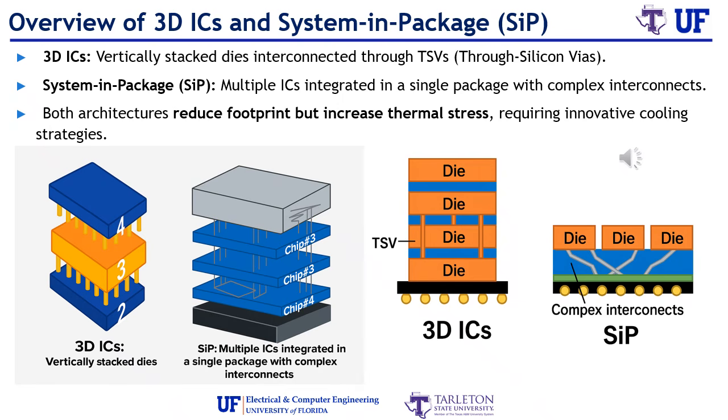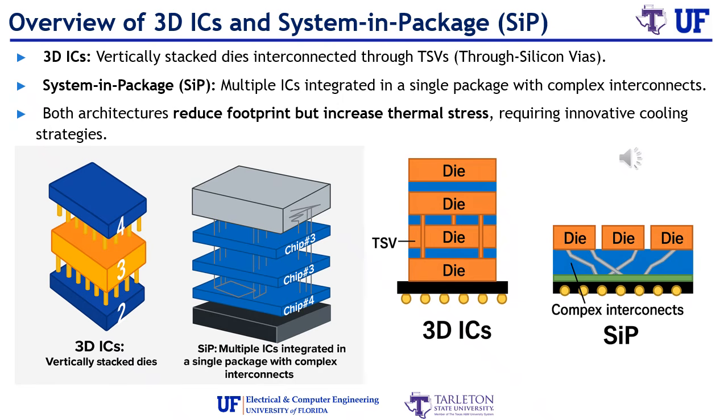A system in package integrates multiple chips, processors, memory, sensors, RF front ends, power management, and more into a single compact module. They may be arranged side by side, in partial stacks, or over an interposer in a 2.5D/3D hybrid. SiPs are especially important where board space is limited, such as smartphones and wearables.